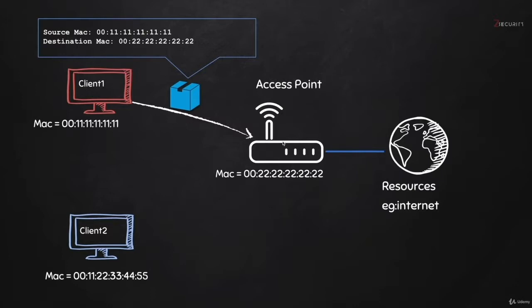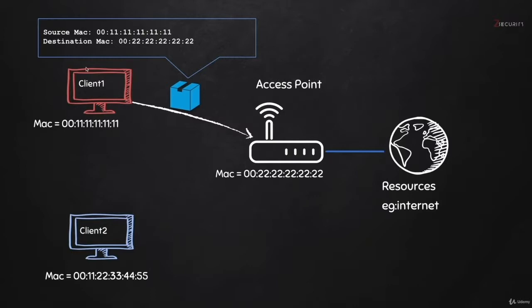Now in the network, devices ensure that these packets go in the right direction using the MAC address. So each packet has a source MAC and a destination MAC, and it flows from the source to the destination. So in this example, we have the client, it has this MAC, we have the access point, which has this MAC.